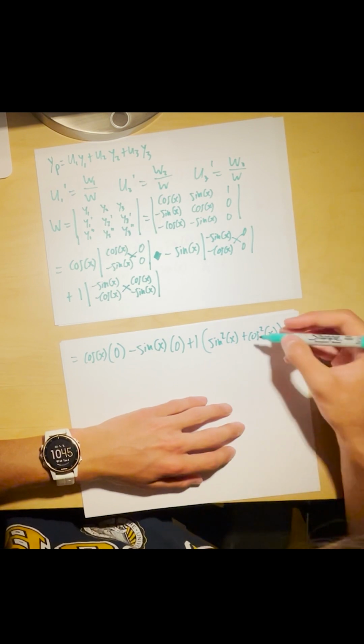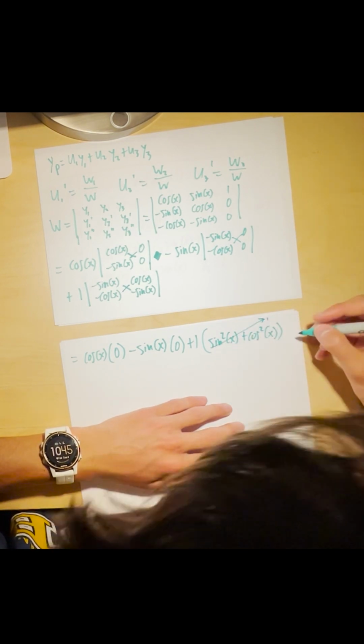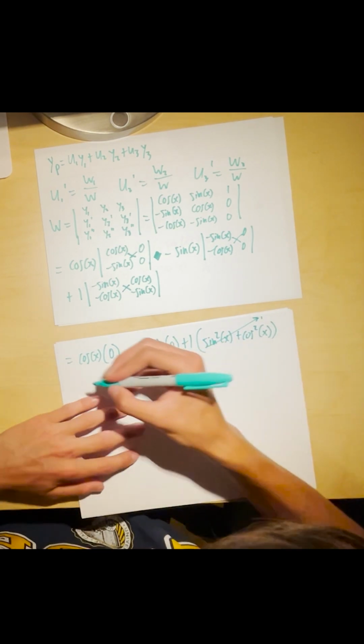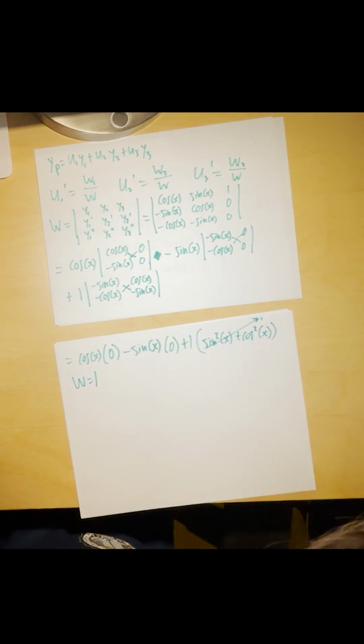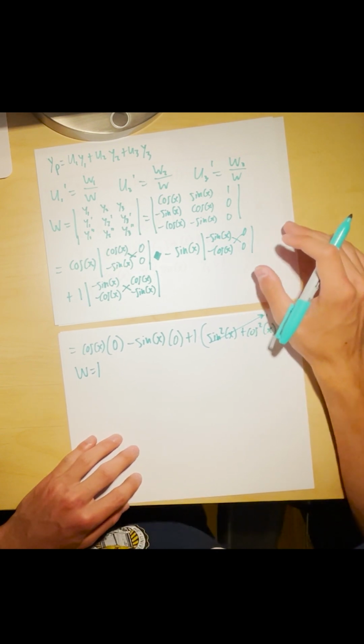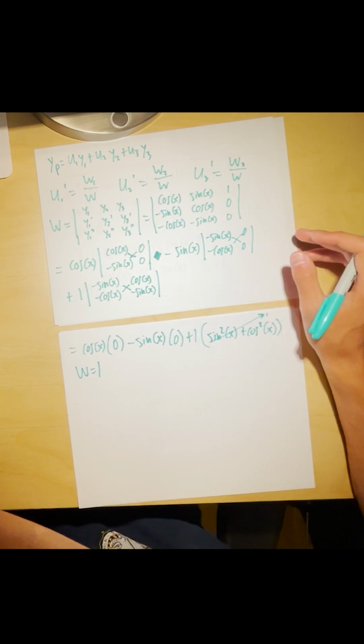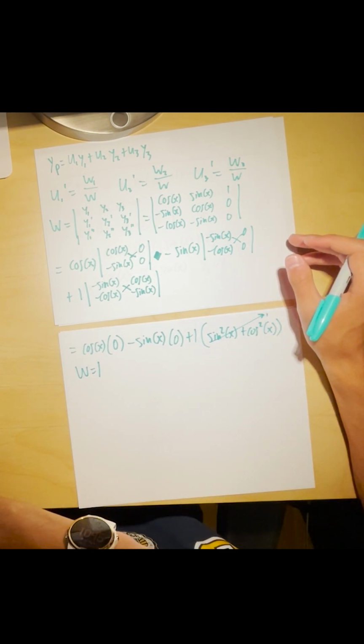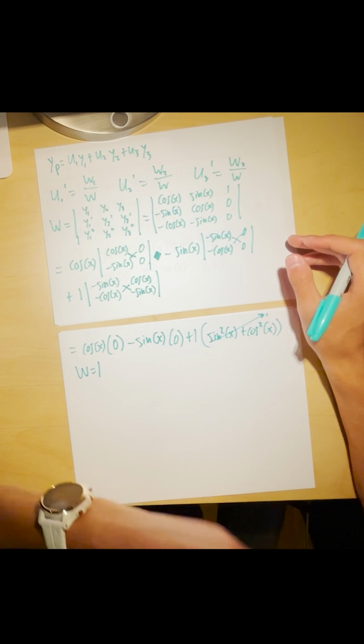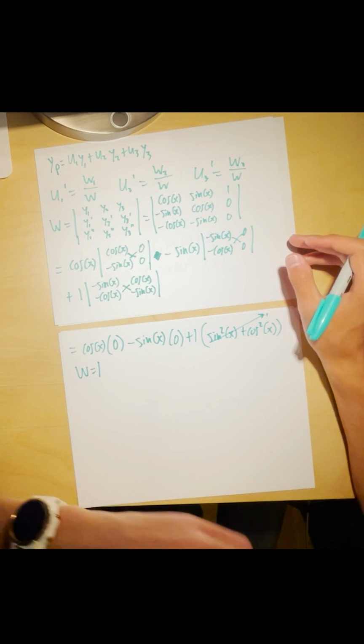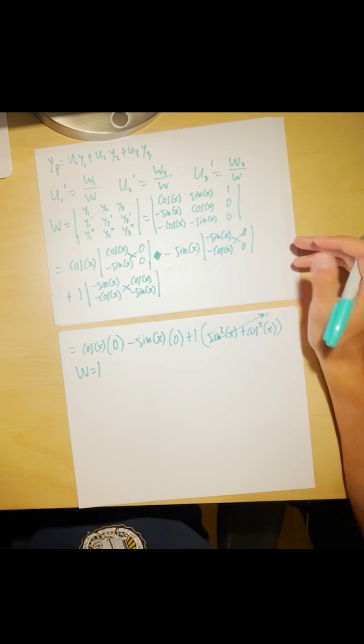We know this just goes to 1, so I'm going to write W equals 1. We have the Wronskian, general Wronskian. Now I'll show you guys how to get W1 and W2 and W3.